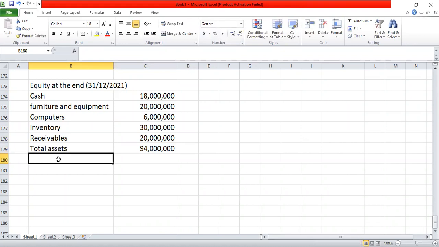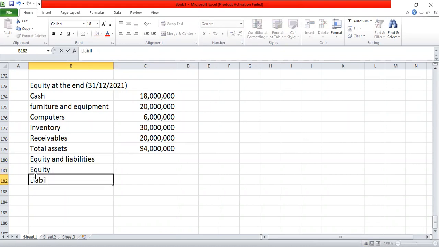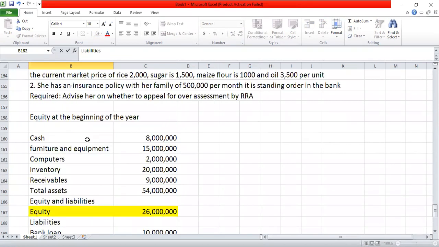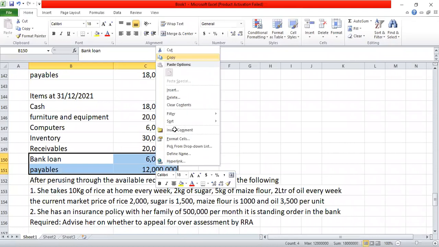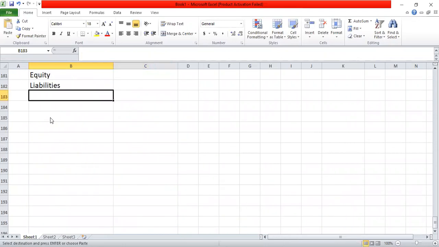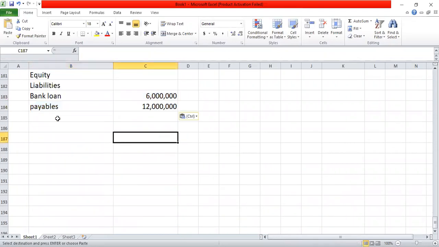What is my equity and liabilities? Then the liabilities, I have them here: a bank loan and these are the liabilities.